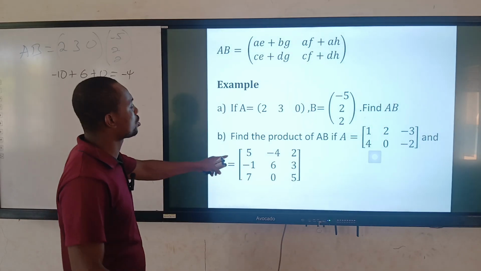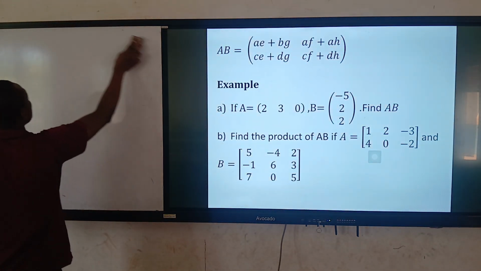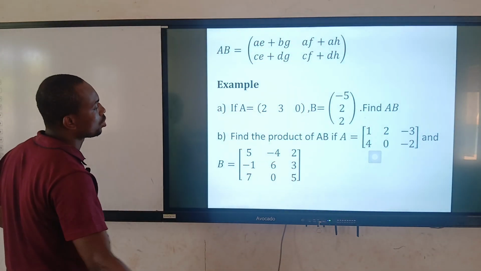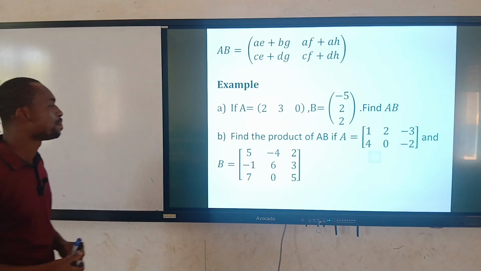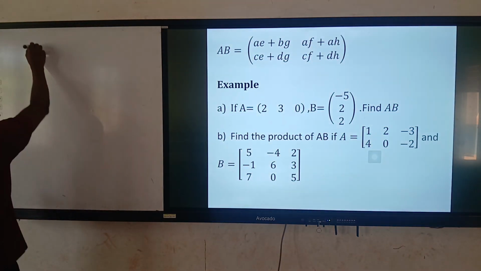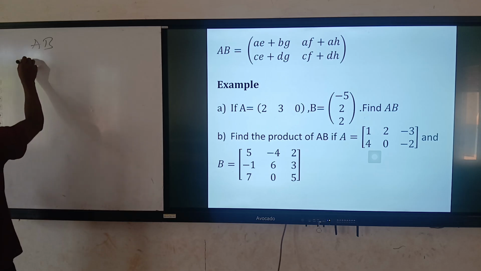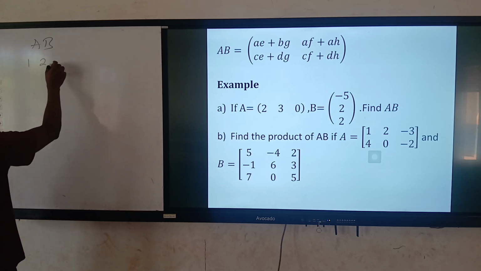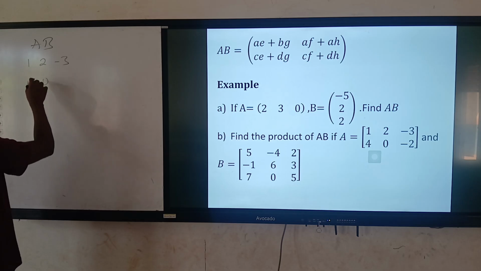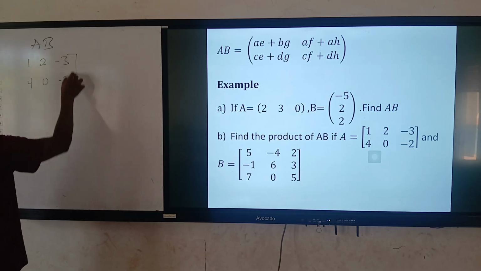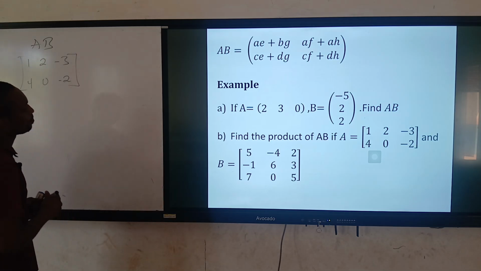So let's continue by solving B. B says that you find the product of AB, where A is this and B is this. So we are finding AB. What is our A? This example is using square brackets here.